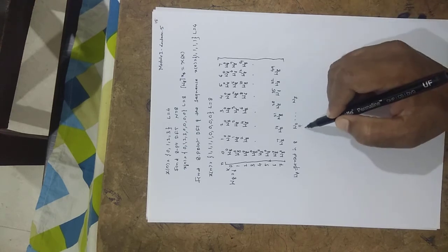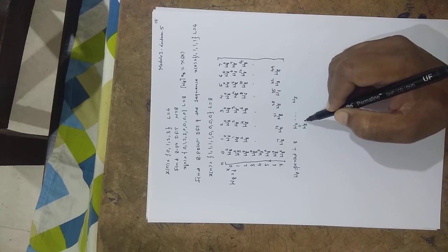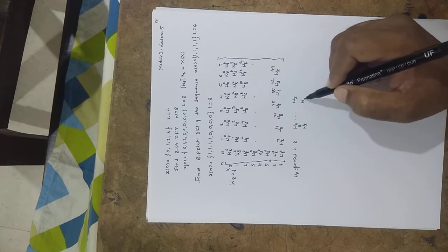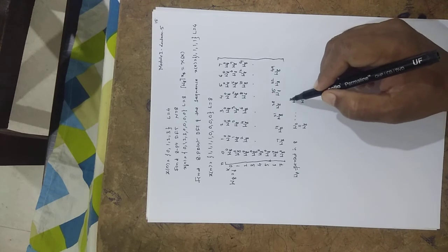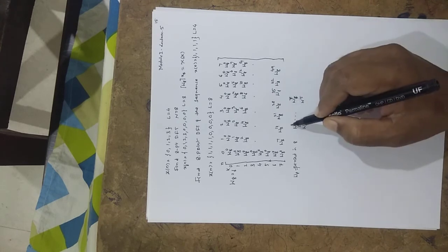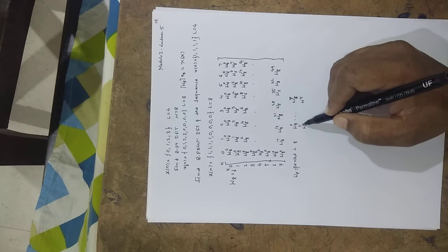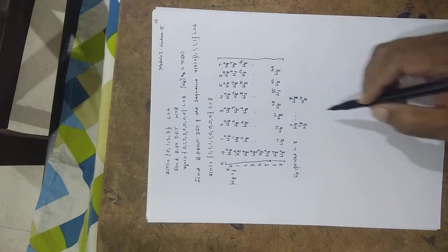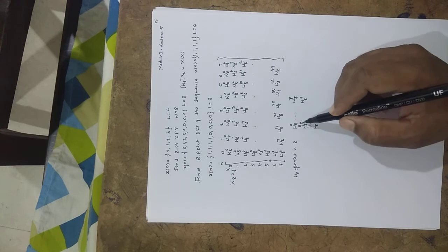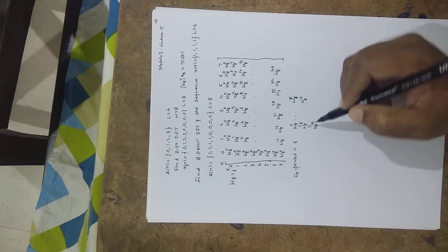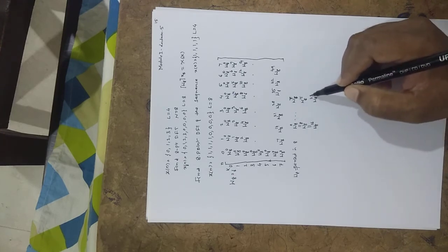Once again, W8 will be equivalent to W0, W9 to W1, and so on, W15 to W7, then 16 to 0, and this becomes 23.